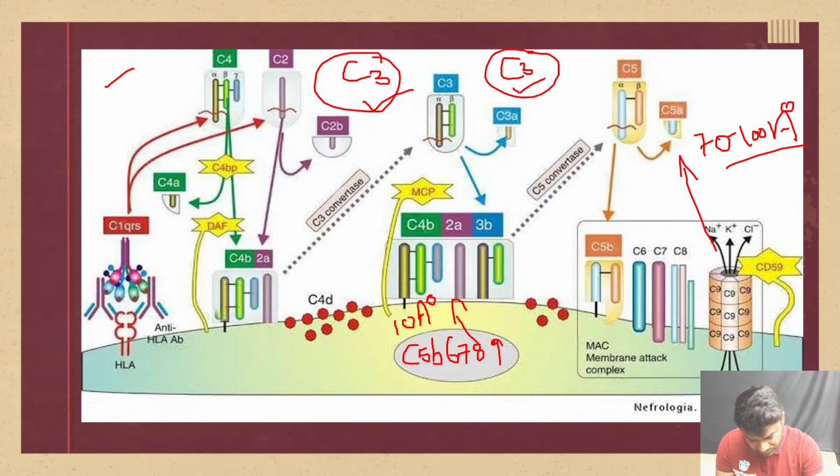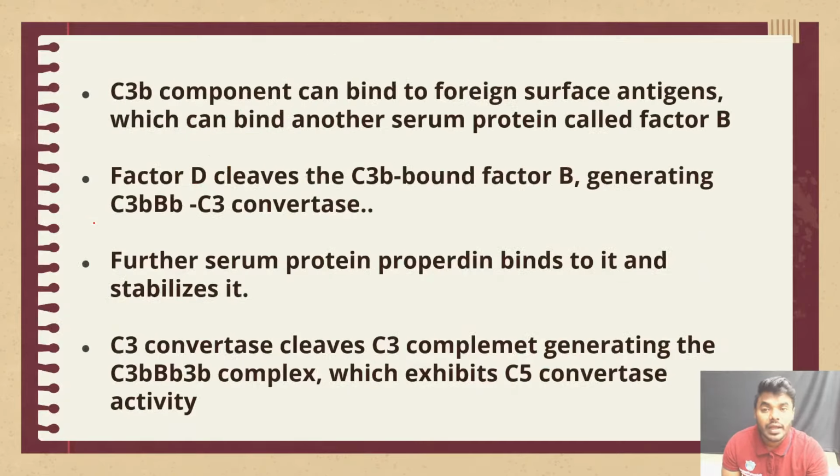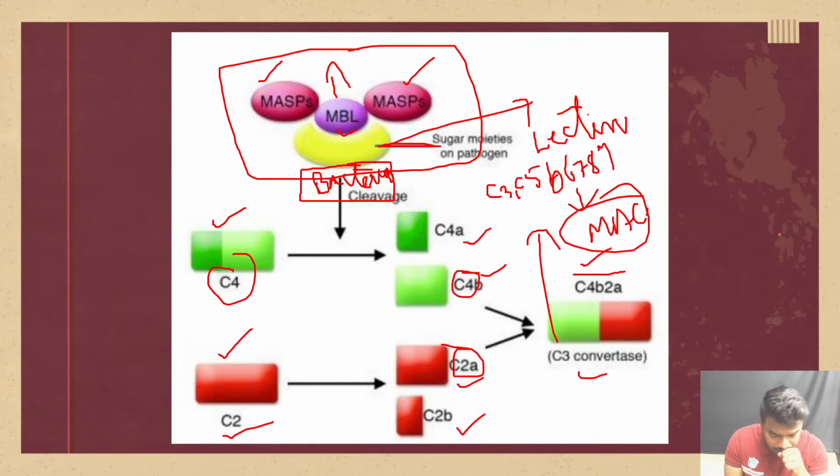Because in the classical pathway, if we want to form the MAC complex, undoubtedly we require the presence of the antibody. Without antibody, nothing is going to happen. And in case of the alternative pathway, whether antibody is present or not, the complement system undergoes spontaneous hydrolysis, starts the complement pathway, and forms the membrane attack complex.